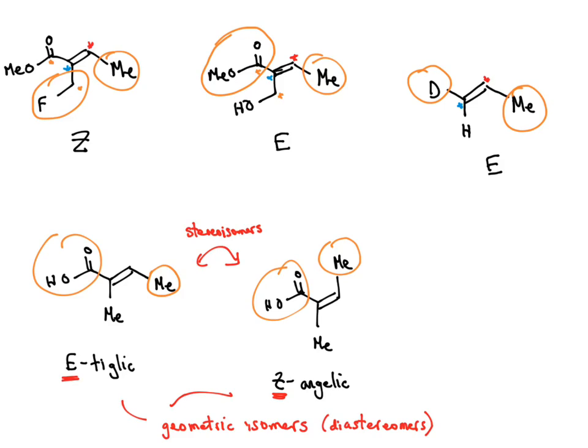Now these geometric isomers, these diastereomers, do not have the same physical properties because they have different energies. And we can see that actually in the isomers of butene. So let's take a look at butene. And so butene has the following two isomers. We have an E-butene.